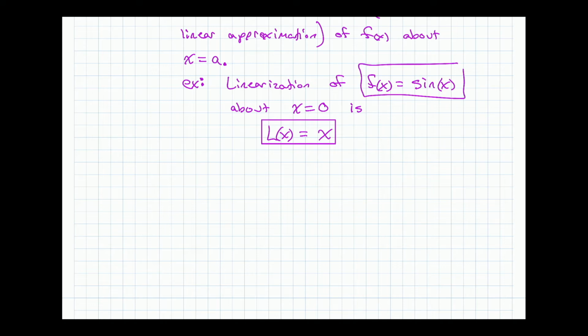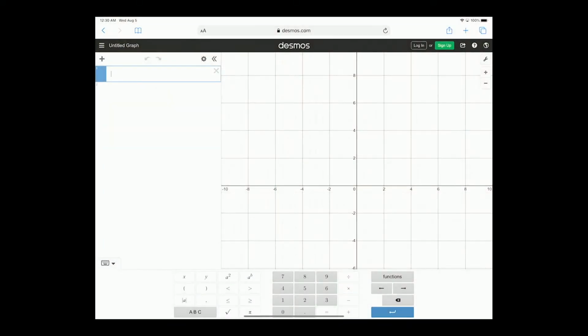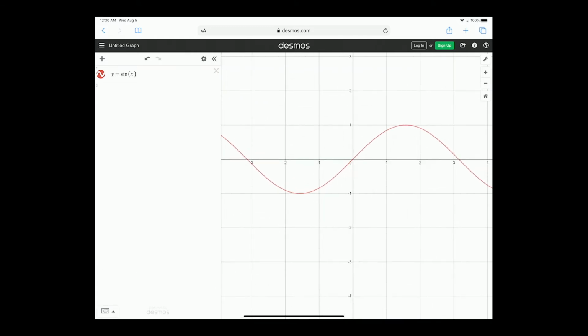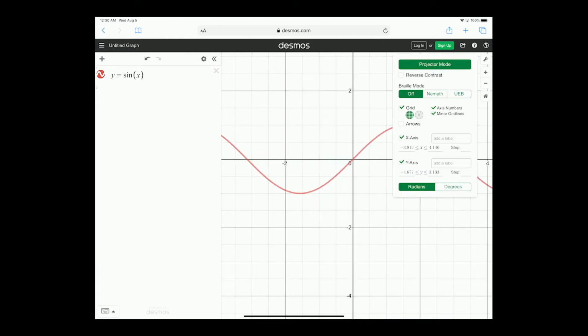Now, what does that mean? So the idea here is this. If I go to Desmos here, we'll look at a graph. If I graph y equals sine x, there's a sine function, right? Let's make that a little bigger.